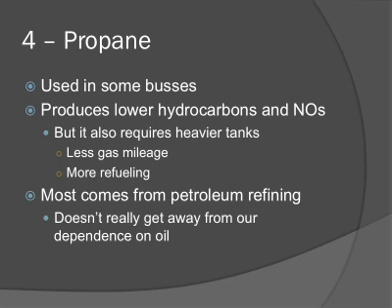Most propane comes from petroleum refining. The whole point in trying to find alternate fuels is to lower our dependence on imported oil. So if we get propane from oil refining, that's not really solving our problem, is it? Because we would probably have to import this in as well.